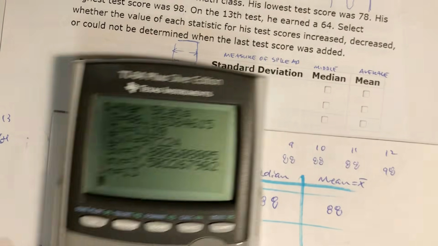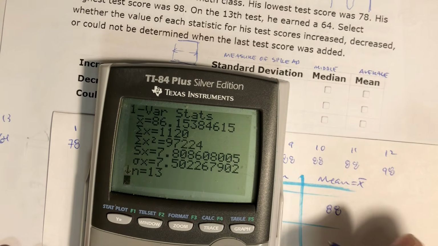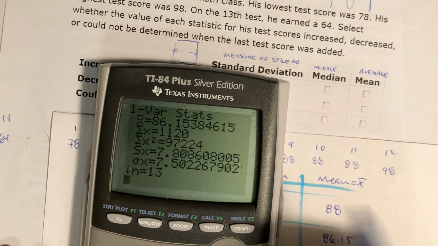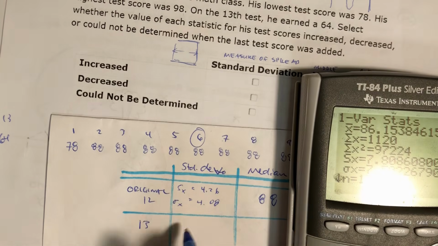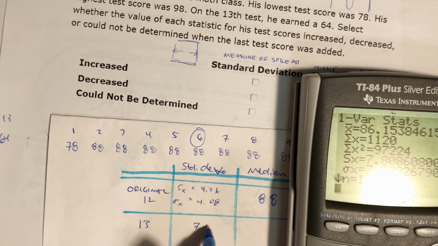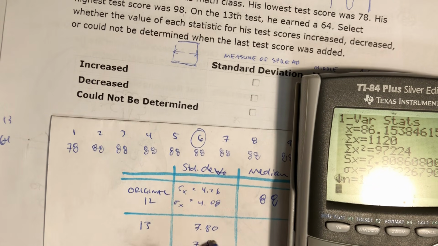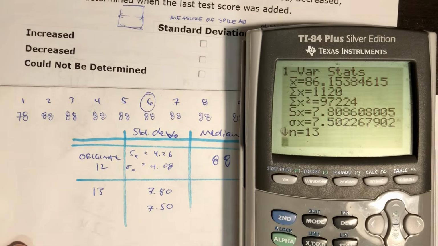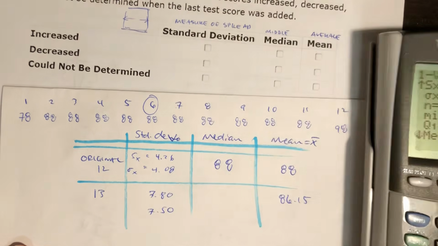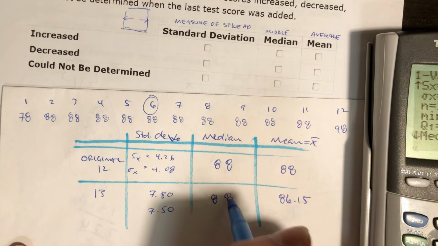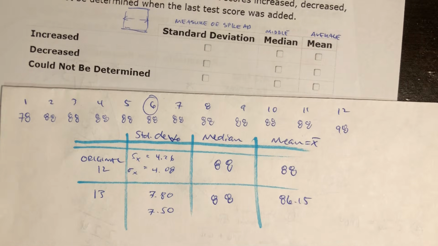And then you just compare your numbers. The average, there's my standard deviations, and then go down and the median would be 88. All right, so let's compare these numbers.